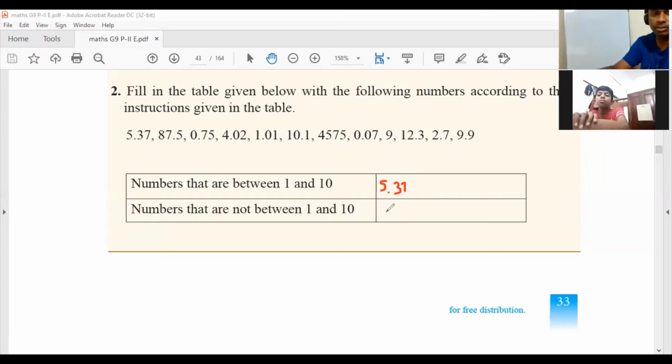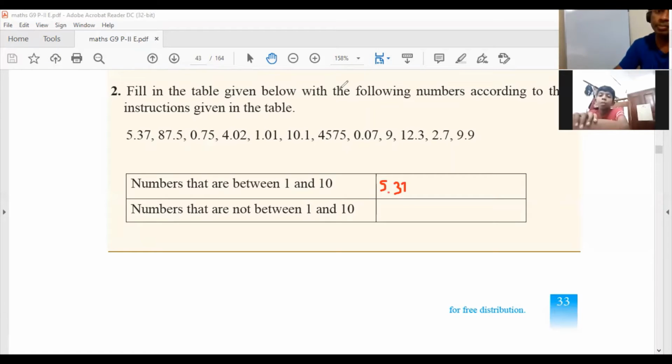Correct. 0.75. Between 1 and 10. Good. 4.02. Numbers between 1 and 10. Very good. 1.01. Between 1 and 10. Yes, good. 10.1. Numbers that are not between 1 and 10. Yes, good.